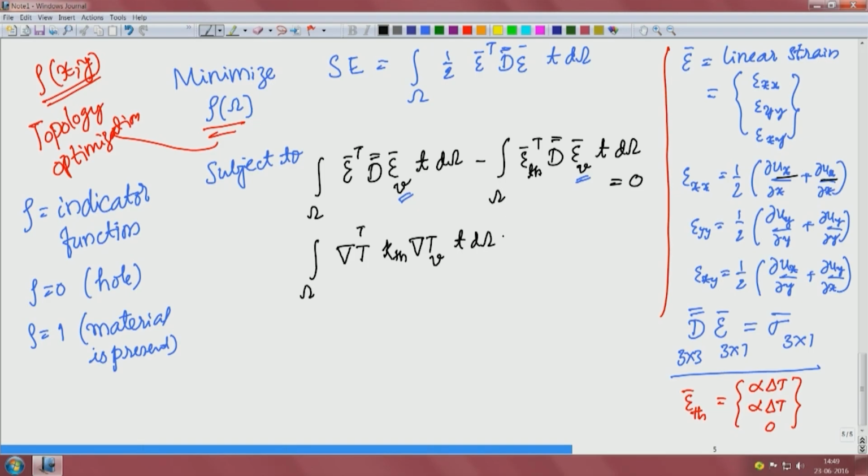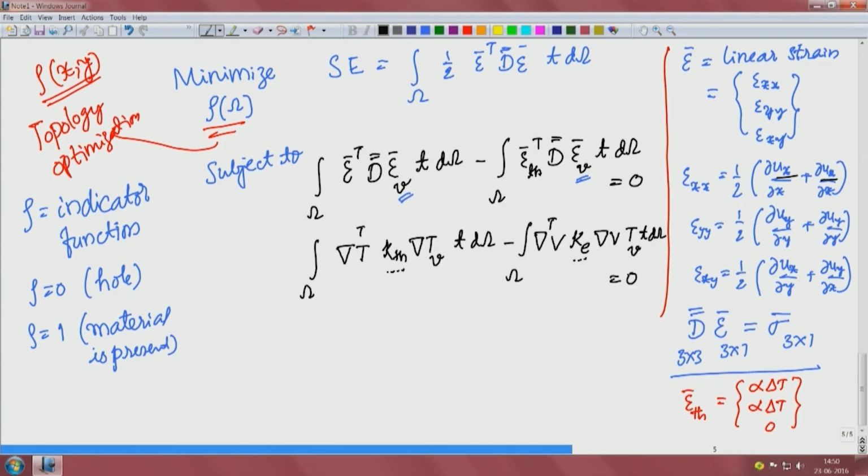But temperature actually comes from the heat generated. So, we have to write that also here, that is also an integral over the entire domain, that will be del transpose T Ke, that is, here it was thermal conductivity, it will be electrical conductivity into del, this actually not T, that should be V, this is the joule heating, del V, and then we will have this Tv here and then the thickness.